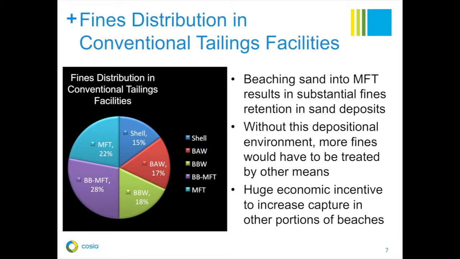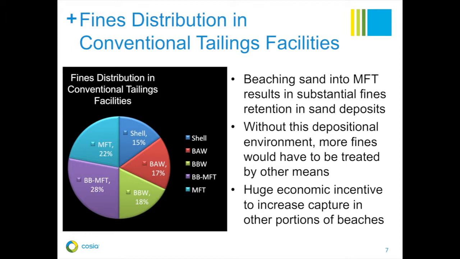phenomenon. Here's a pie chart that shows you the distribution of where the fines are on a conventional tailings pond. Beaching into the MFT results in substantial fines retention in the deposits. That's the 28% in the purple down on the left. And without this depositional environment, more fines would be released into the fluid zone and would have to be treated by other means.